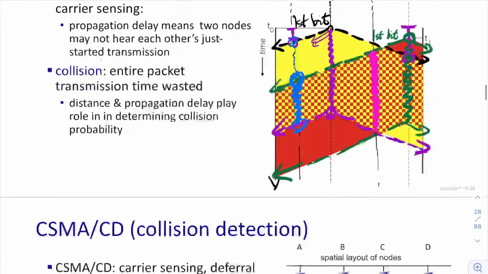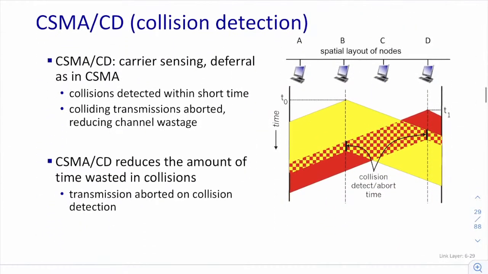Okay, so the next part is CSMA/CD. CD stands for collision detection. So right here, you simply take a look at this small time.